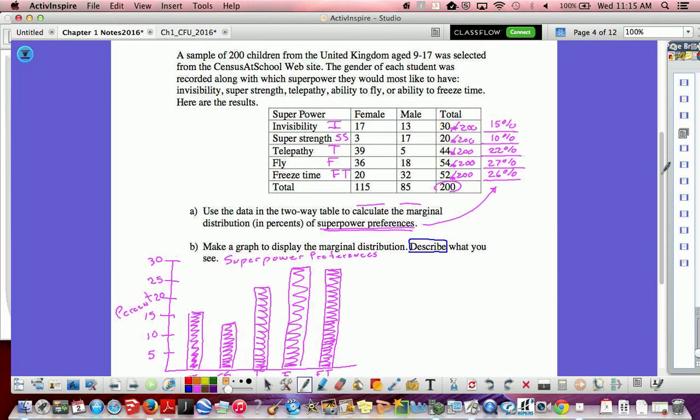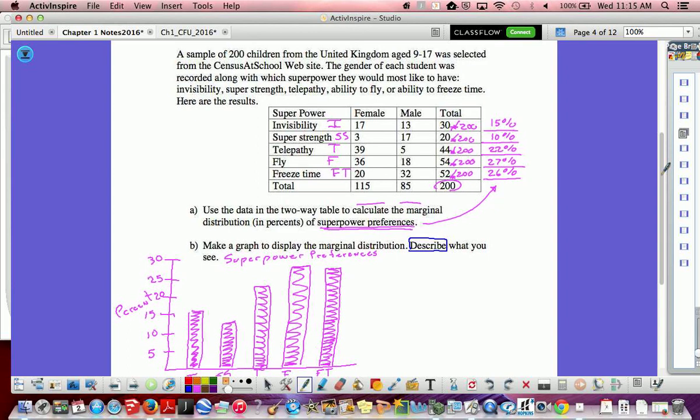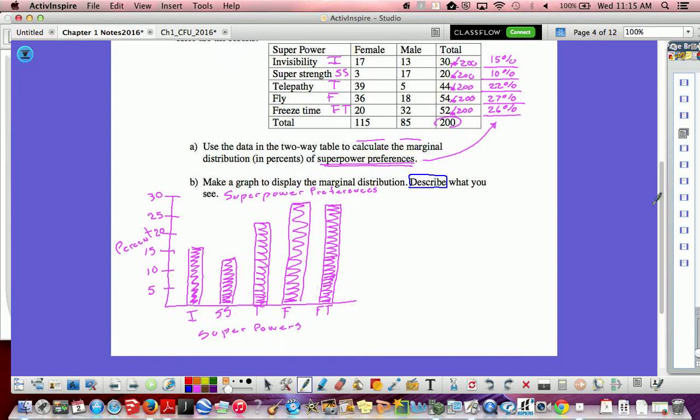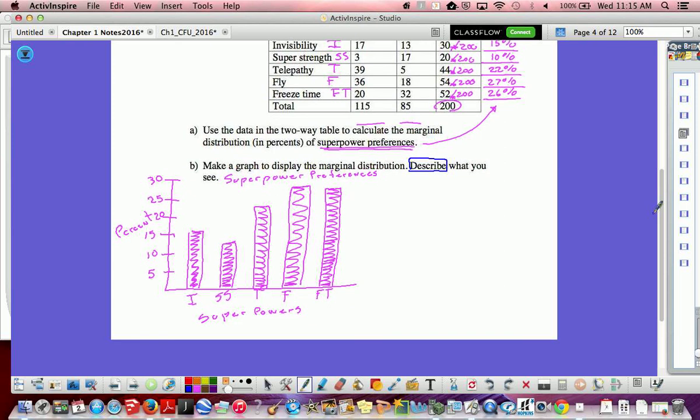So let's see. It's United Kingdom students age 9 to 17. So I just want to make sure I know what individuals are being described here. So what superpower do they prefer the most? Flying, followed by freeze time, and then maybe I'd say telepathy. So I'm going to write a sentence including those three. I want to make sure I include all 5 of them.